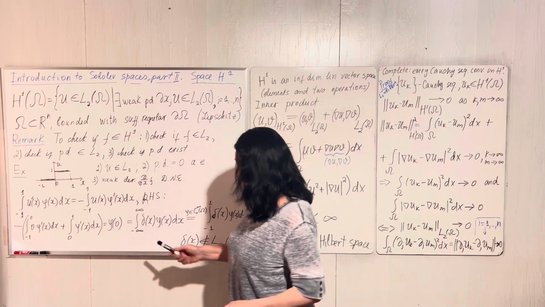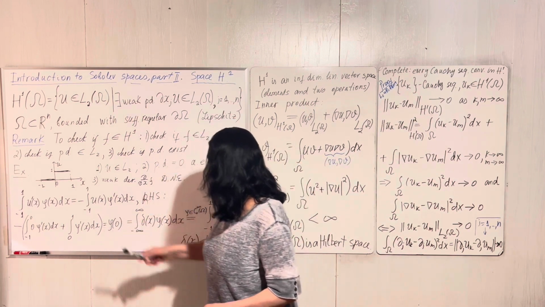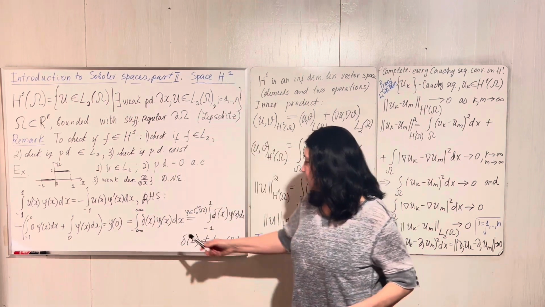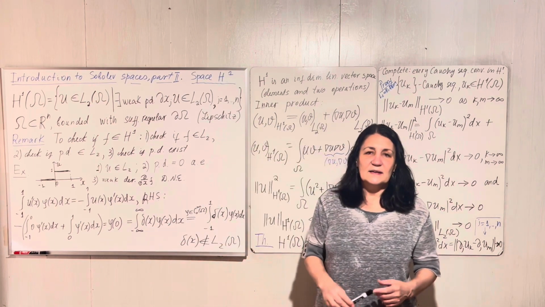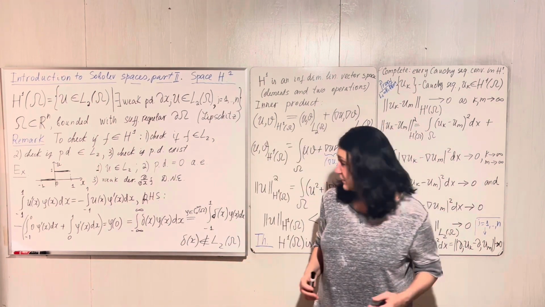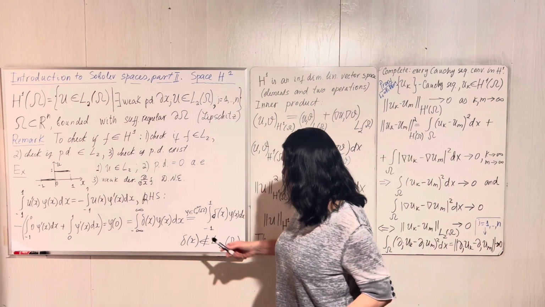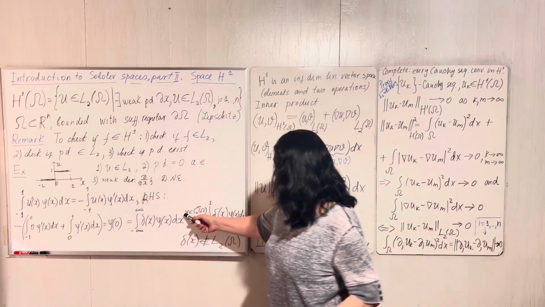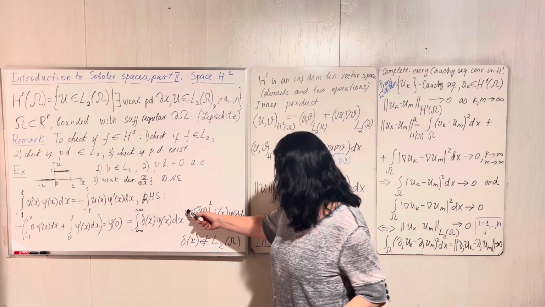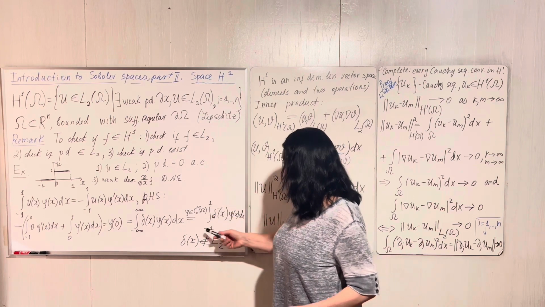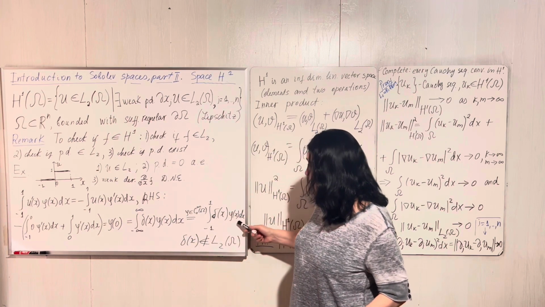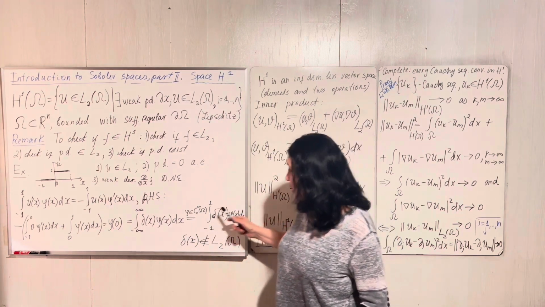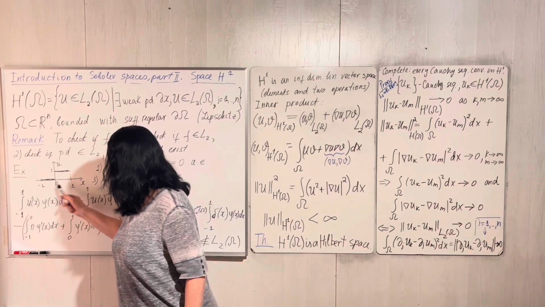And phi at 0, if we review video 16, can be written in this form where delta is the Dirac delta function. Since phi has compact support, we can write this integral within our domain from -1 to 1.